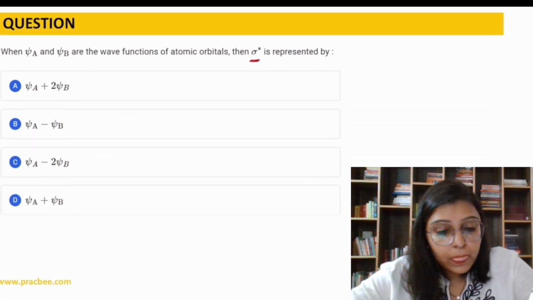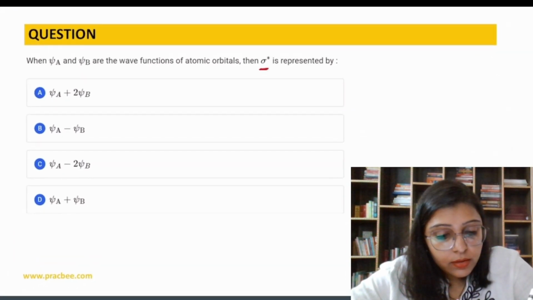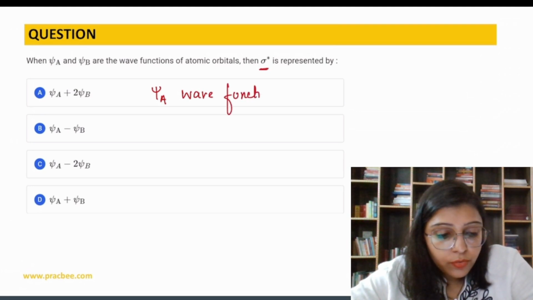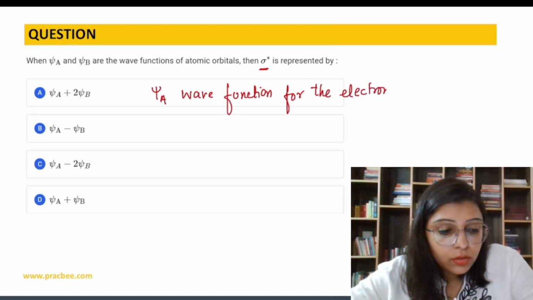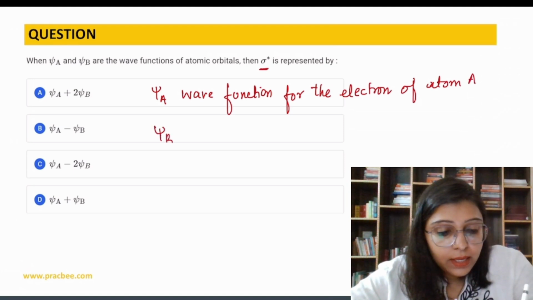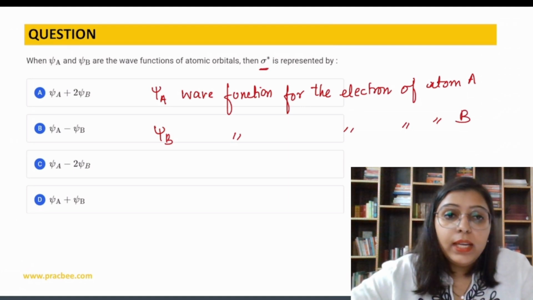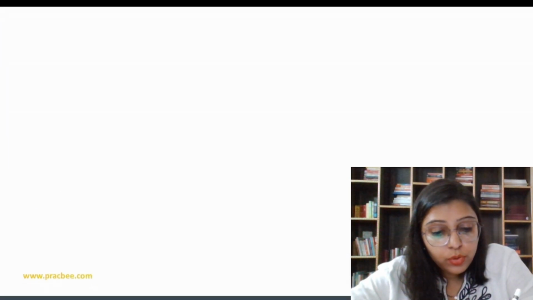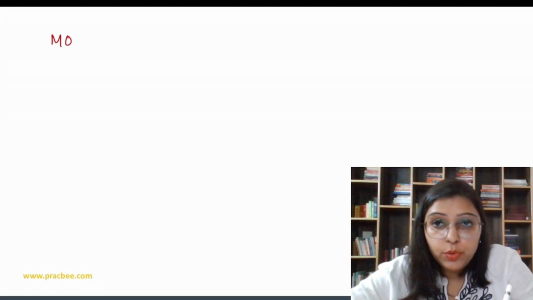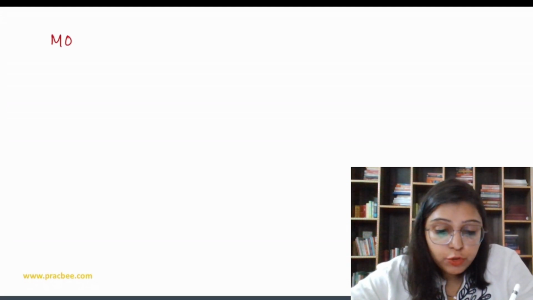So see, psi A is the wave function for the electron of atom A, and psi B is the wave function for the electron of atom B. Okay, so now this is the concept as per MO theory, right? What is the concept?